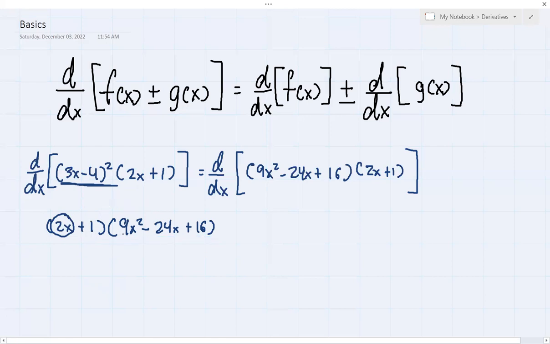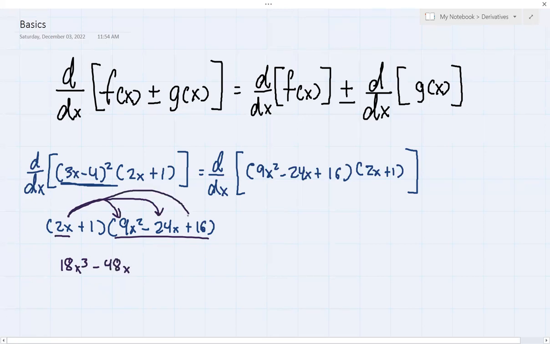So, let's begin. Okay? So, let's start with 2x. Distribute natin si 2x dito sa trinomial. 2x times 9x squared, magiging 18x cubed. Next, 2x times negative 24x, magiging negative 48x.